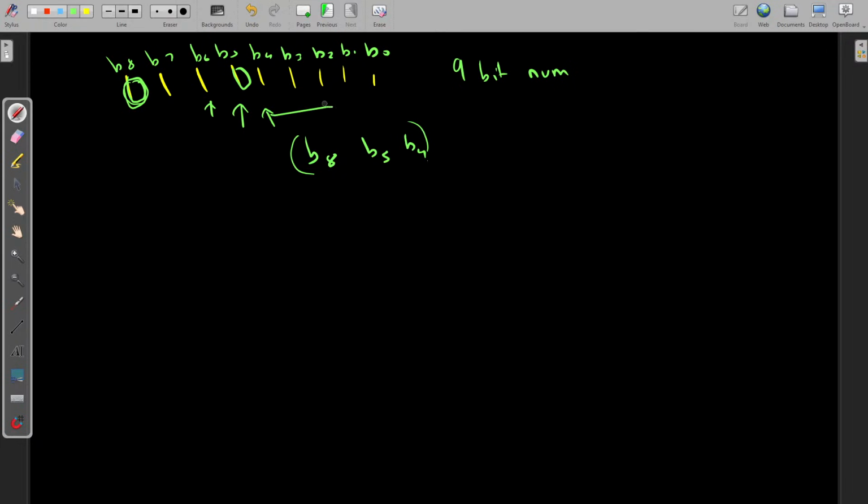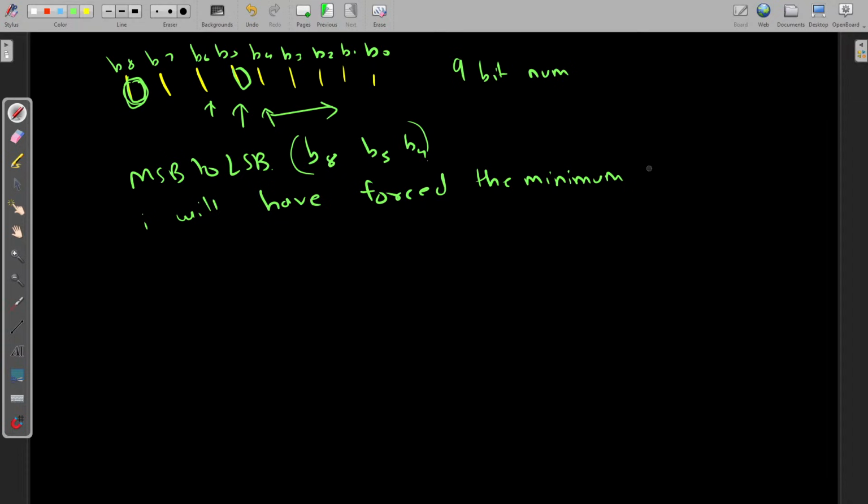So in this fashion, if I continue, it is always guaranteed that since I'm going from MSB to LSB, I will have forced the minimum outcome, because we have already removed the most significant part.